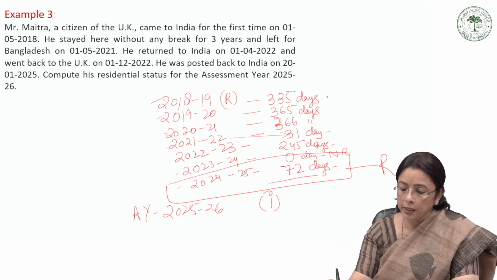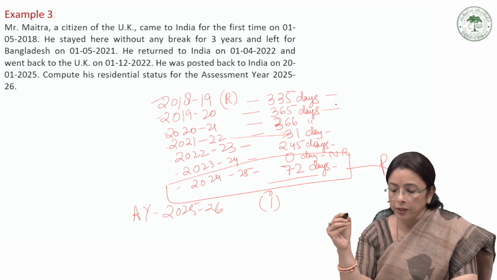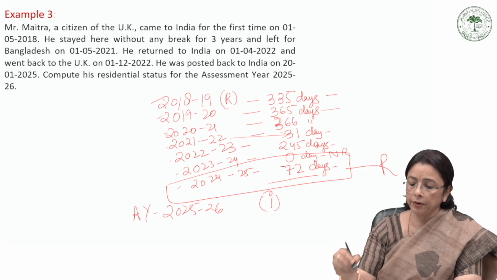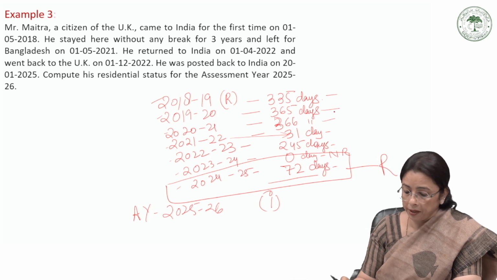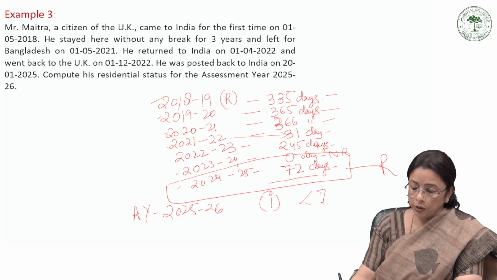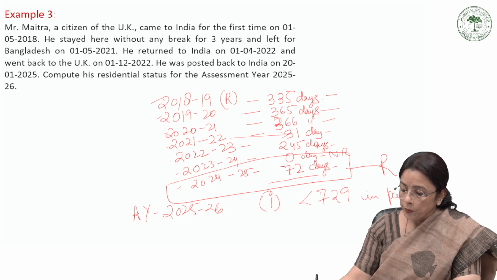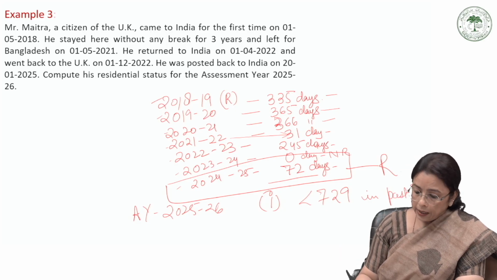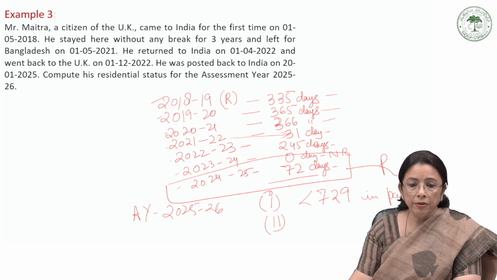If you add this 335 and 365, it is 700, and then 3, obviously it is more than 729 days. So the number of days is more than 729 in the 7 years preceding that.